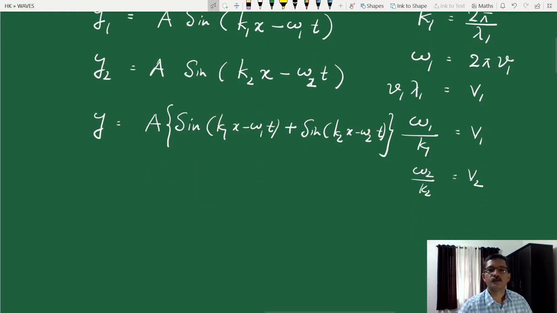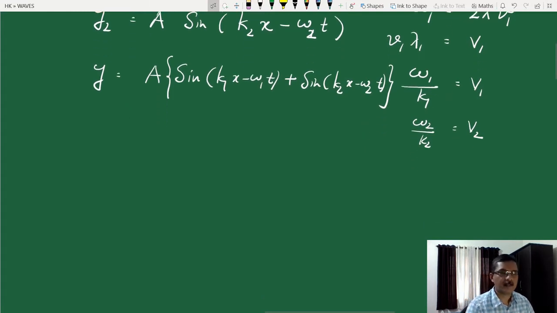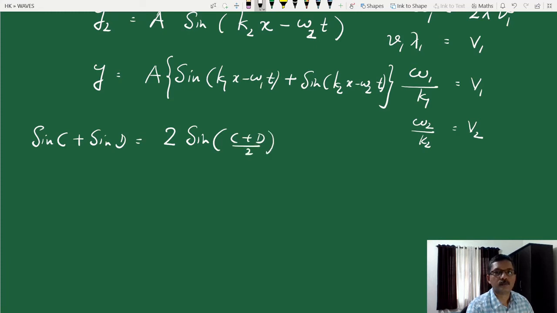Now let us try to find this. We will use an identity that you have studied in trigonometry: sine c plus sine d is equal to 2 sine of c plus d by 2 into cos of c minus d by 2.